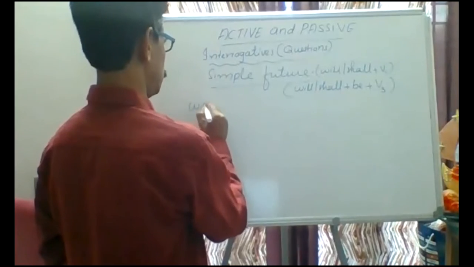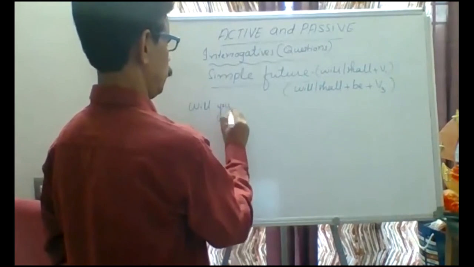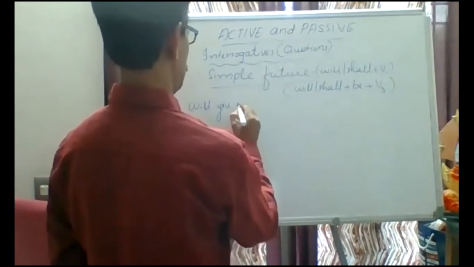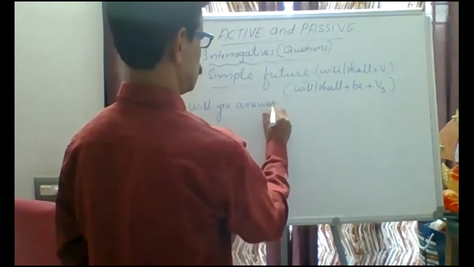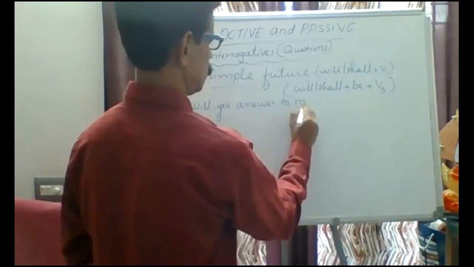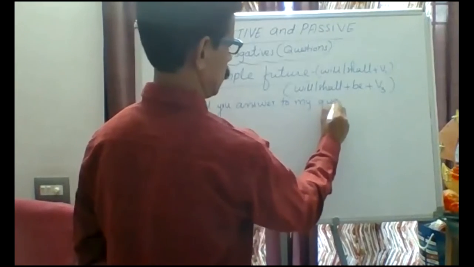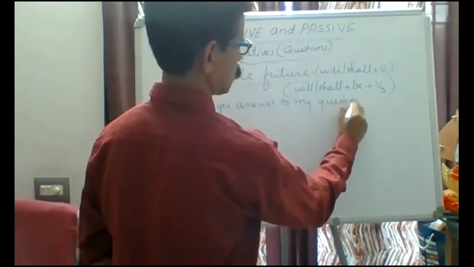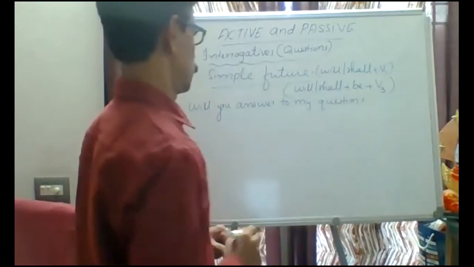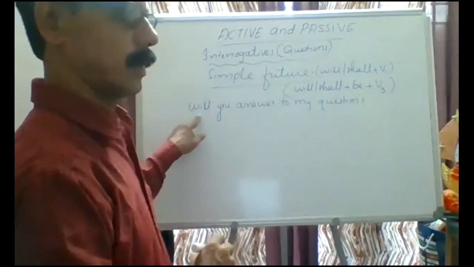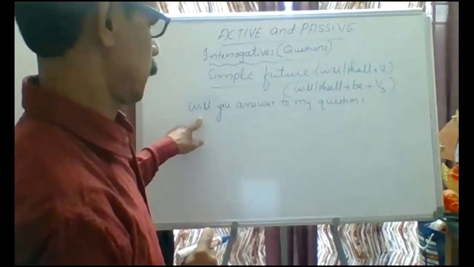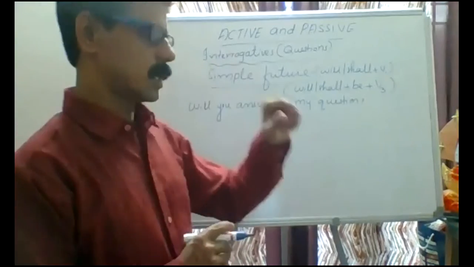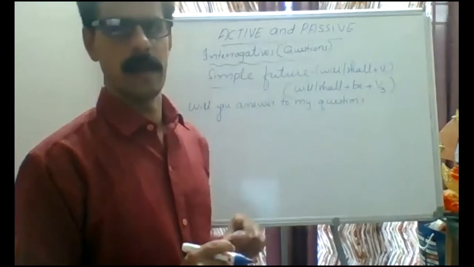Will you answer to my question? Will you answer to my question is the sentence. Here the question starts with will. This is the helping verb in the simple future tense. We can again start the question with the same will.